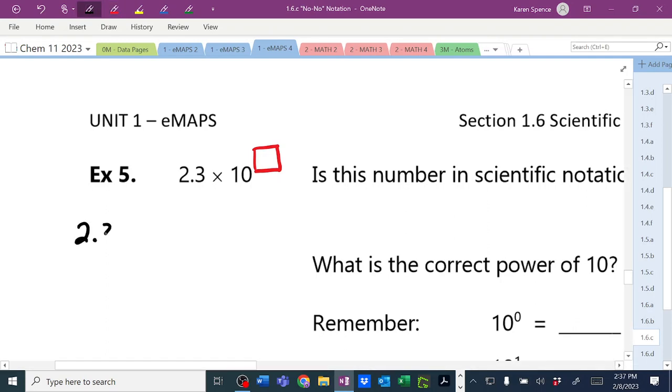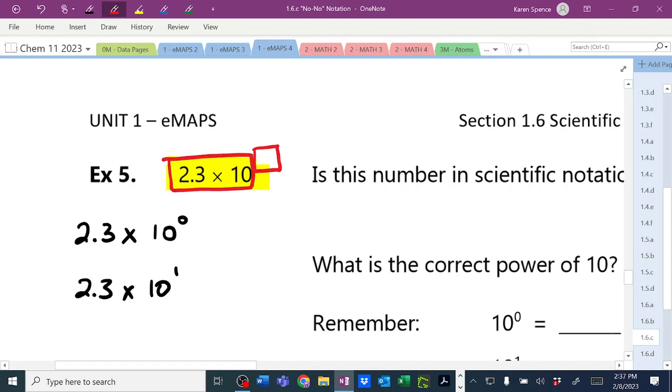We have 2.3 times 10 to the 0 or 2.3 times 10 to the 1. Which of those is equal to our original number, 2.3 times 10? Are you sure?